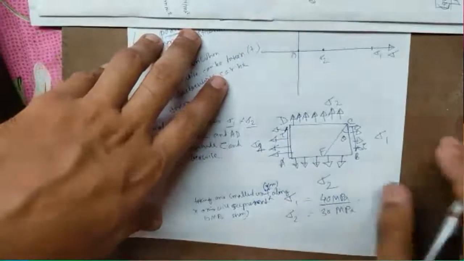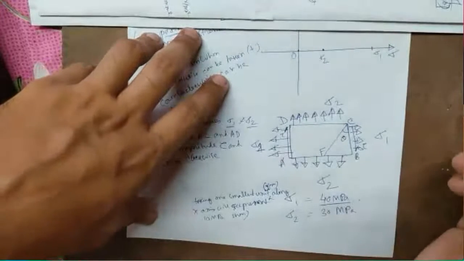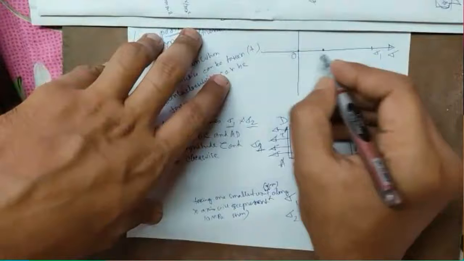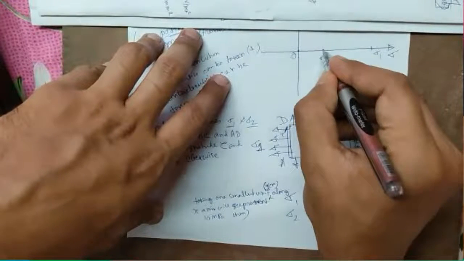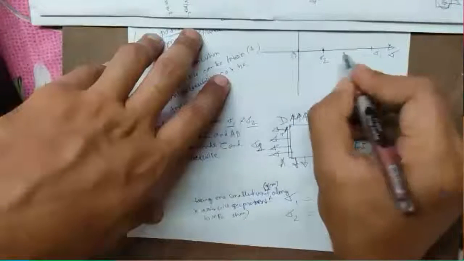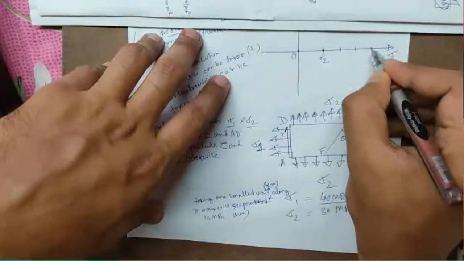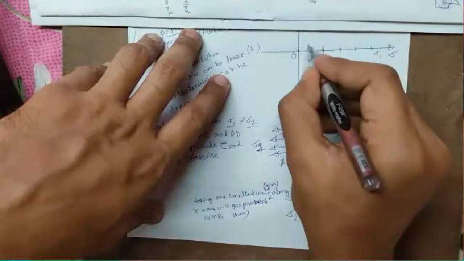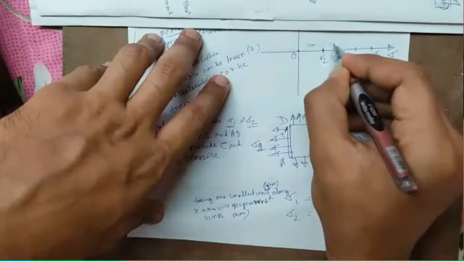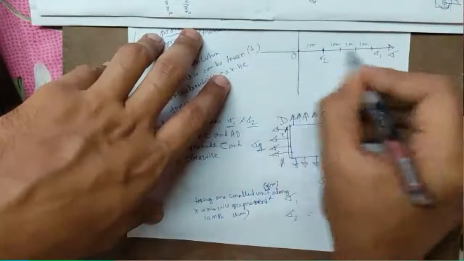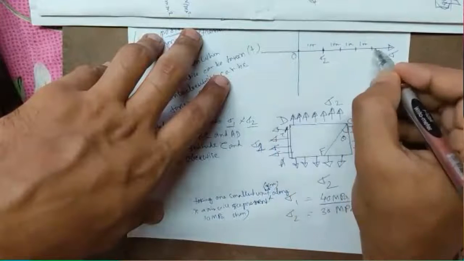So if it is so, then we can draw: this is 10, this is 20, this is 30, this is 40. So we have to mark 4 centimeter from O to here.